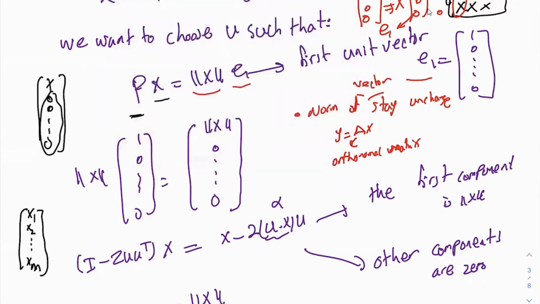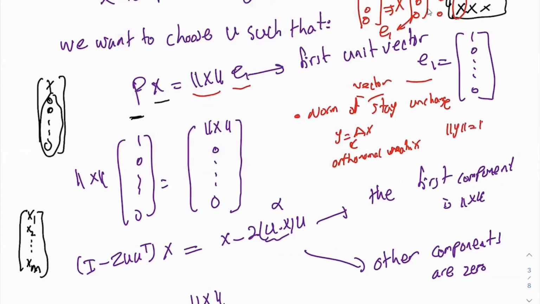You can also go to the previous video and watch that again if you haven't watched it before. The norm of a vector stays the same, meaning that if y is equal to Ax and A is an orthogonal matrix, then norm of y is equal to norm of x. P is an orthogonal matrix. We proved that.